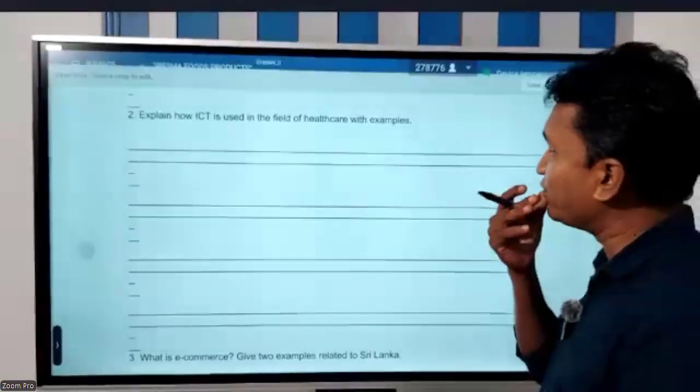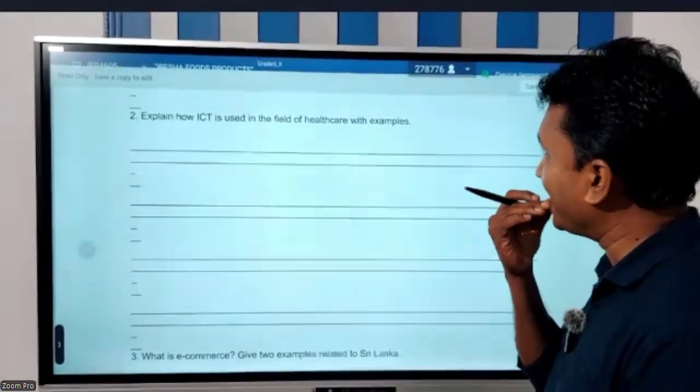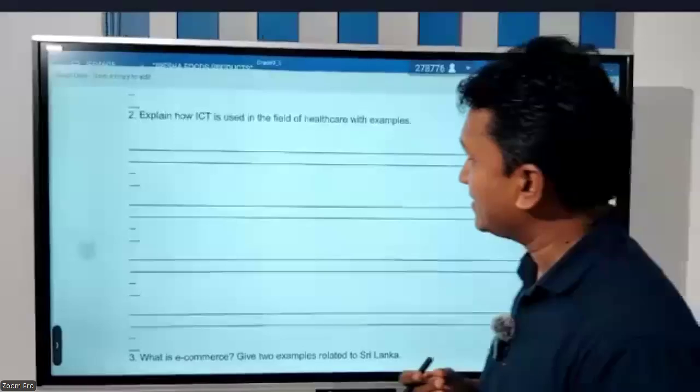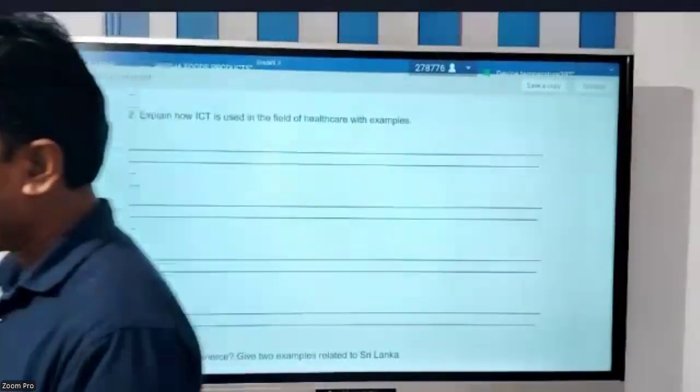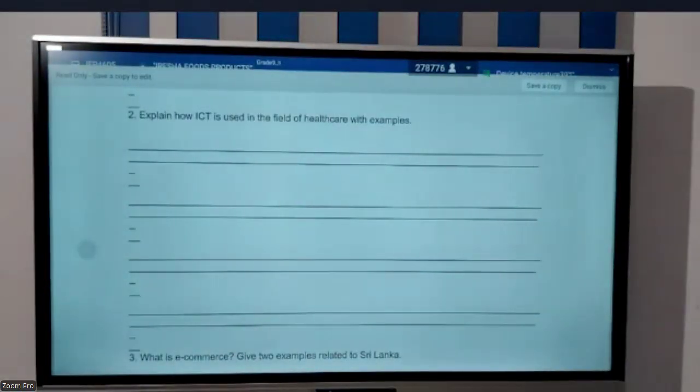Explain how ICT is used in the field of healthcare with examples. Right? So how is ICT used in the field of healthcare?